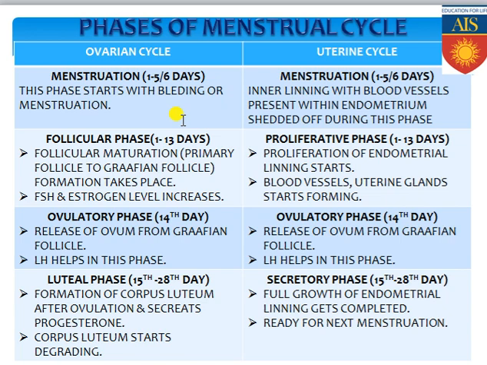The second phase is the follicular phase. It starts from 5 to 6 days and continues up to 13 days. Keep it in your mind, during this follicular phase, follicular maturation continuously happens within the ovary. That means starting from the primordial or primary follicle, the Graafian follicle is formed within the ovary.